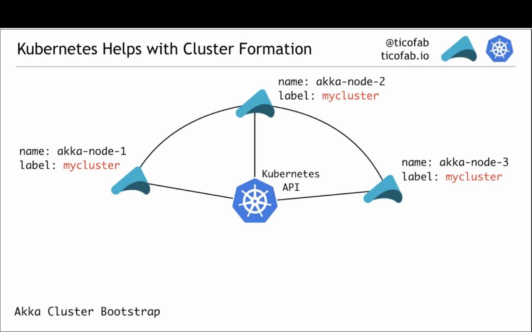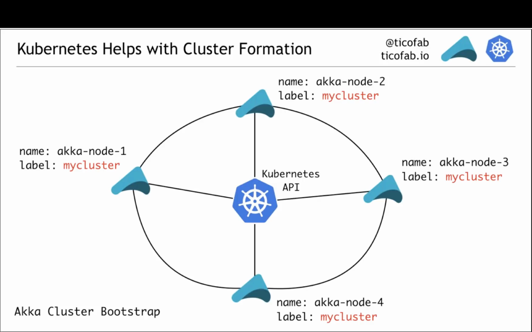This is done by the Akka cluster bootstrap module, so I encourage you to give a look at that as well. And once the cluster is ready, maybe you want to spin up another node because we need to process more traffic or something. Well, this new node, again, will talk to the Kubernetes API and join the rest of the cluster.